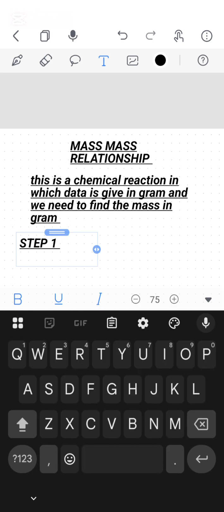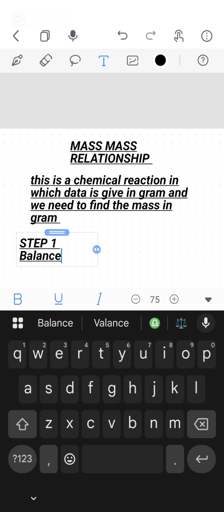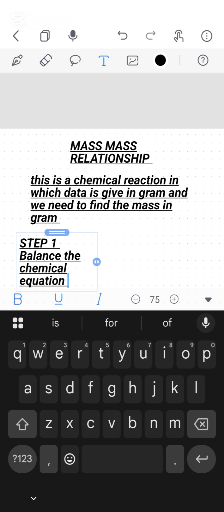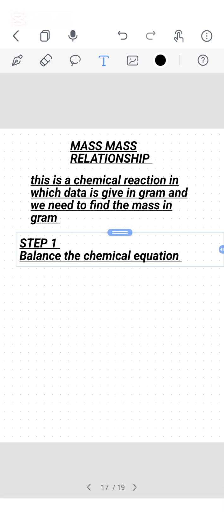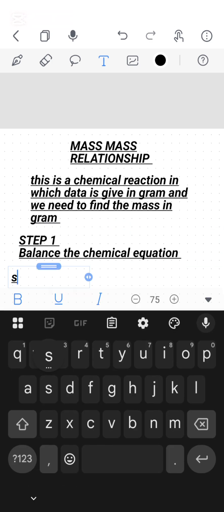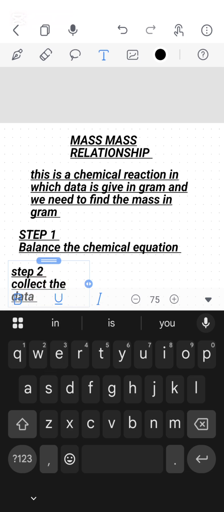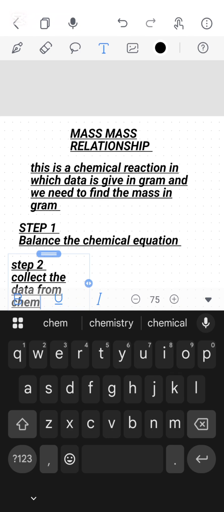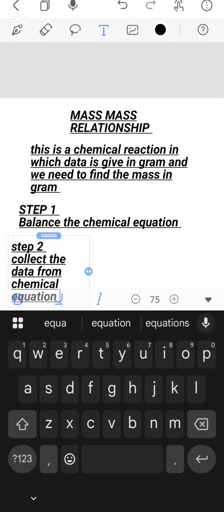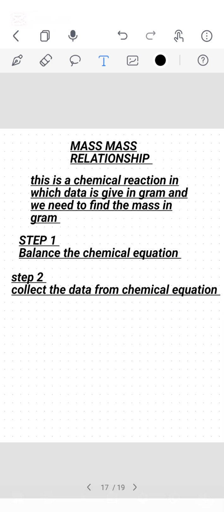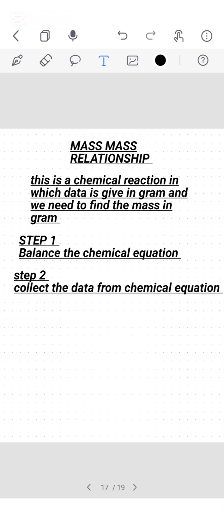Step 1: balance the chemical equation. Step number 2: collect the data from the chemical equation.